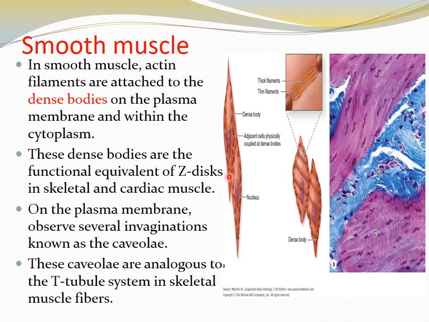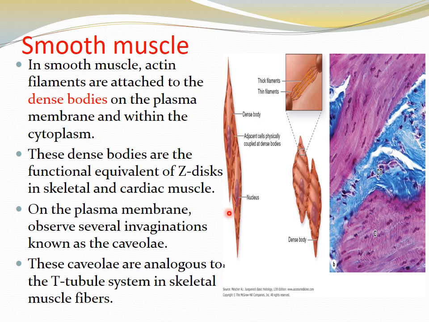surrounding them. So in smooth muscles, the thin actin filaments are attached to the dense bodies, which are functionally equivalent to the Z disc in the skeletal and the cardiac muscles.